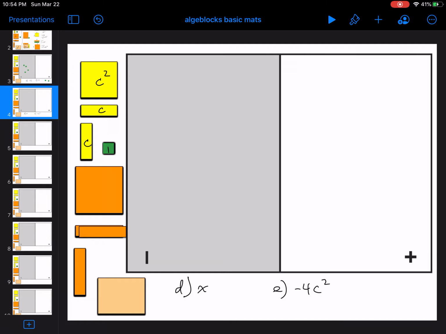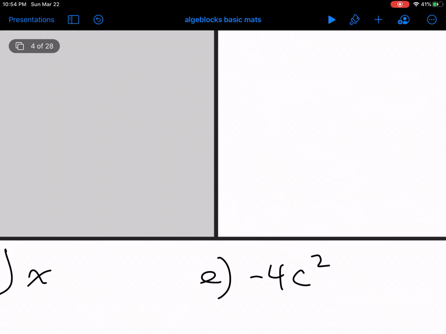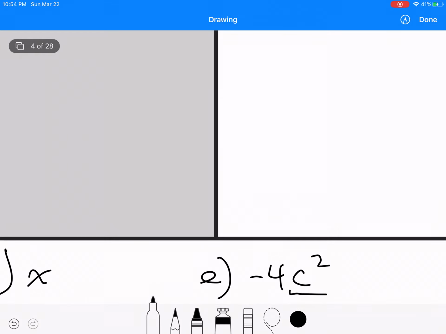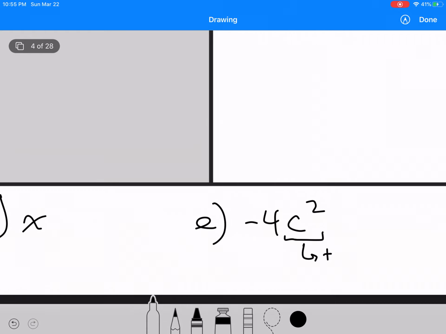There are different parts to this particular expression. The c squared tells me what type of block I'm going to be using.